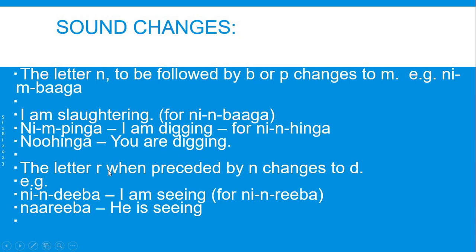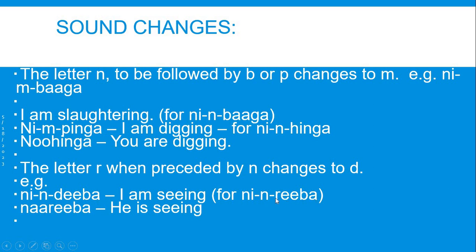Then the letter R, when preceded by N, changes to D. That is where we have nin. This I in English is ni in Runyankole. Then ninreva, that is I am singing.